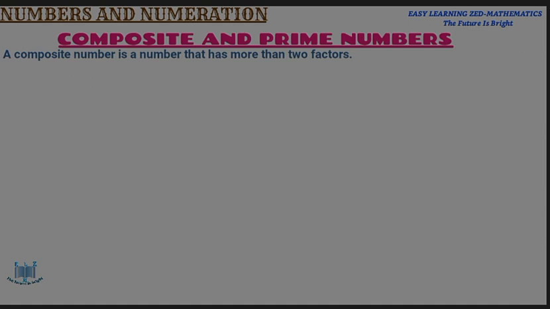Okay, let me share with you some examples of composite numbers. When we look at 1, it has just one factor, which is 1 itself. 1 times 1 will give you 1.